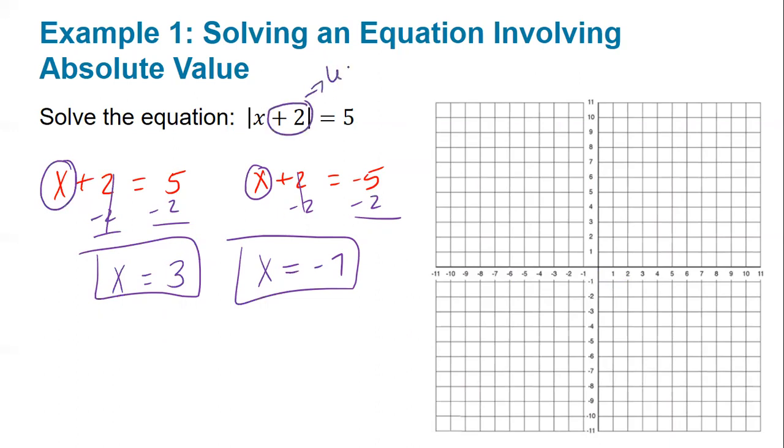It went to the left because our x's are liars. So we went 2 to the left. No other change took place. My slope didn't change. I didn't go up and down. From here, I'm just going to rise, run, rise, run, all the way up.